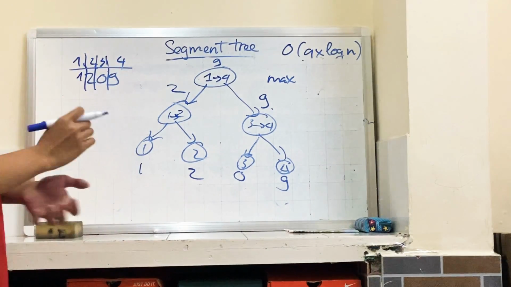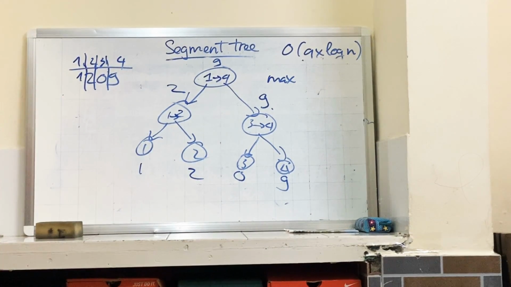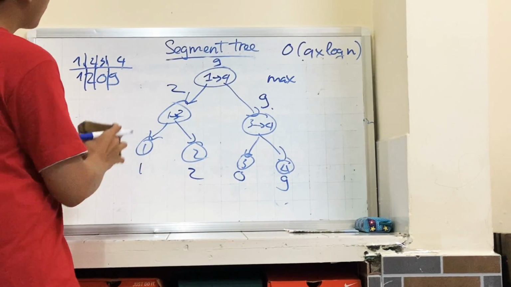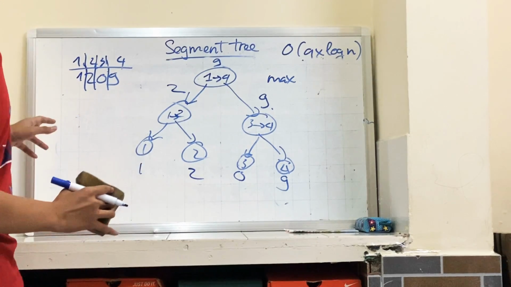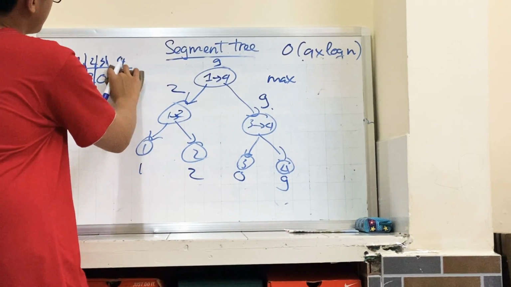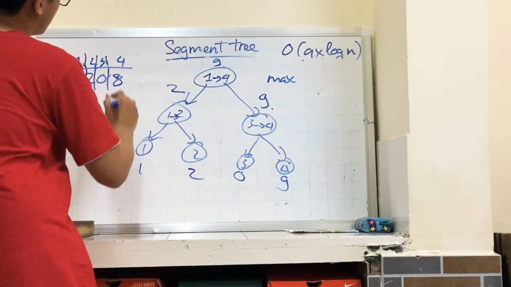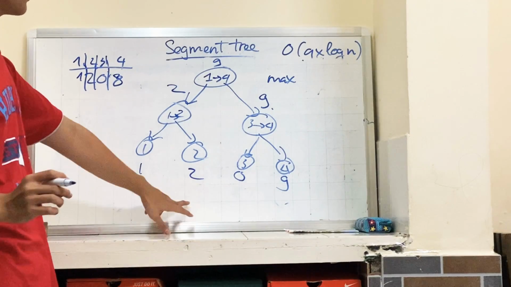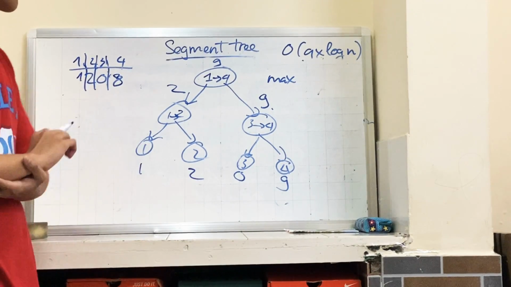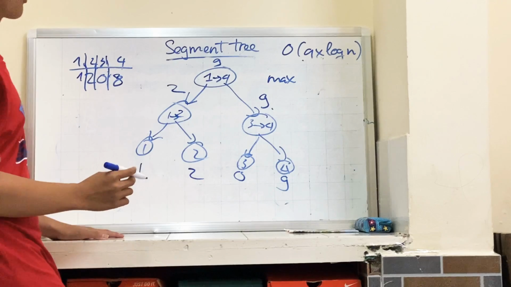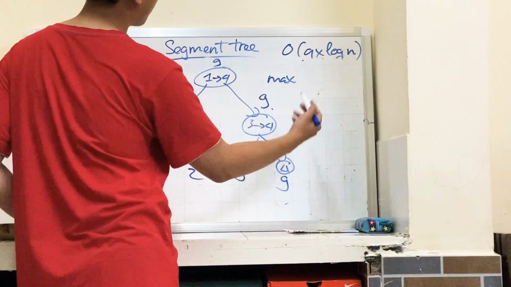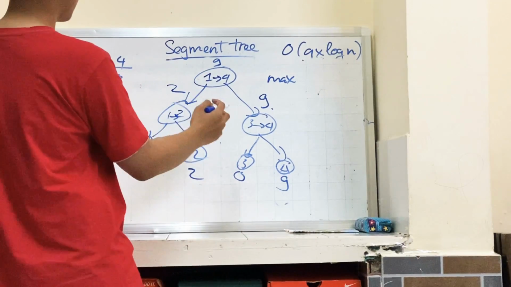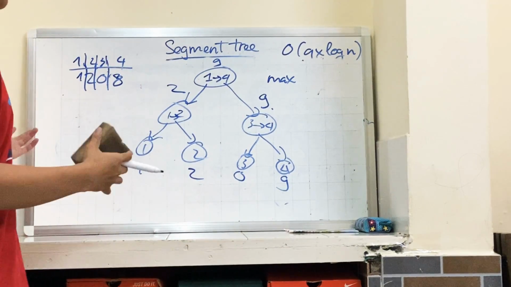Now if you modify an element, like you change this one to 8, with another data structure you would have to rebuild the data structure, but with segment tree you don't need to do that.